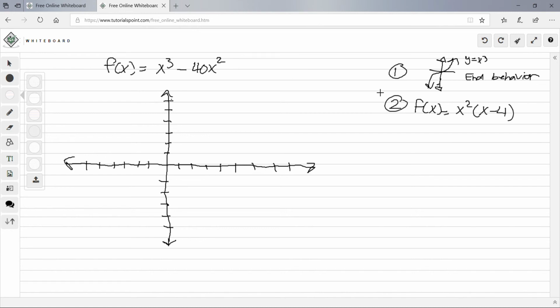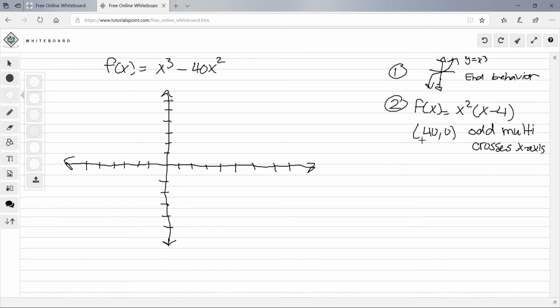So our x-intercept is (40, 0), and it's odd multiplicity, so it crosses the x-axis.